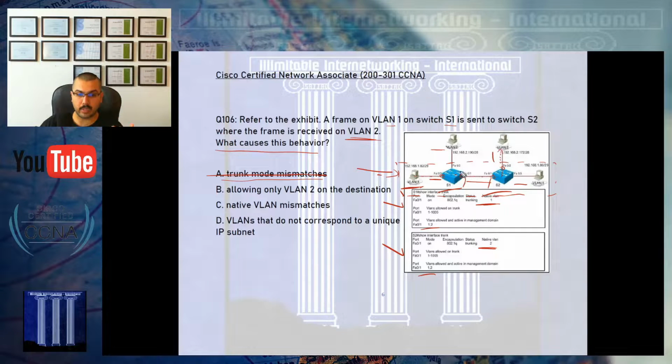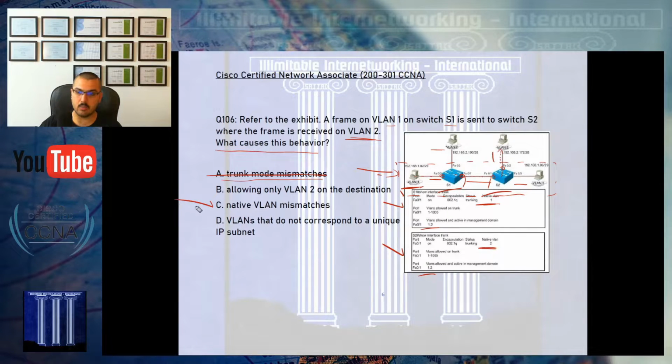So it will exit this interface not carrying a tag of VLAN X, whatever VLAN. When this switch receives it, it sees it as VLANless. It has no VLAN, so it's untagged.